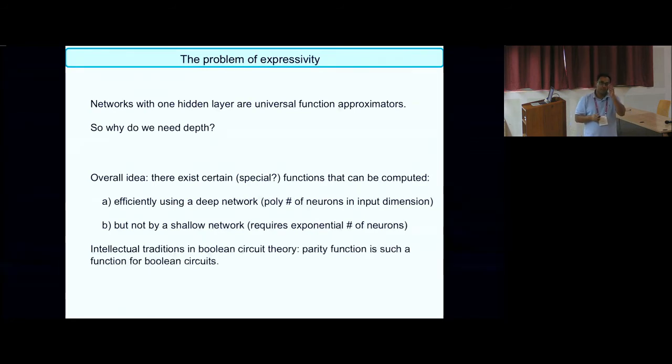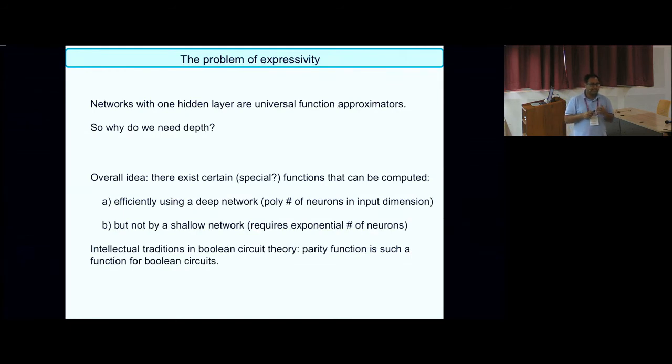Okay. So the way computer scientists think about this is that there might exist certain special functions that can be computed efficiently using a deep neural network, where by efficient I mean a polynomial number of neurons in the input dimension, but cannot be computed efficiently by a shallow network, i.e. requires an exponential number of neurons in the input dimension.